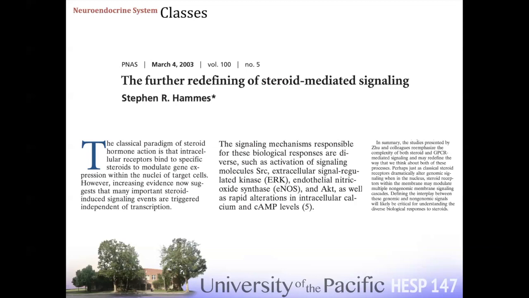It's cell signaling cascades as well, so there's more diverse signaling. AKT, you're going to encounter this a lot as we move forward. AKT is PKB, protein kinase B. We've talked about PKA, protein kinase A, in the nerves. We talked about PKA in fat, and we're going to talk a little bit more about that today, about how to mobilize fat.